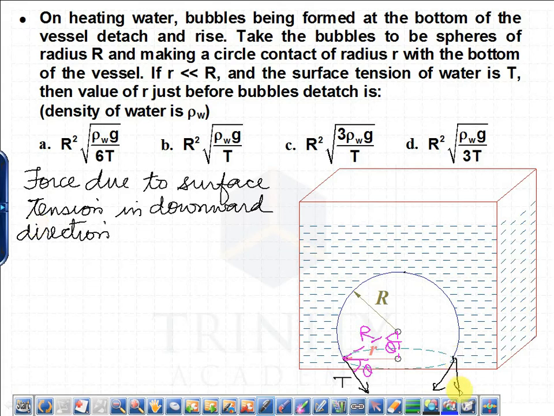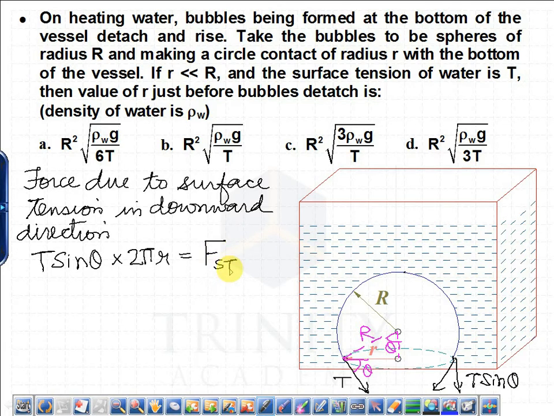This component will become T sin theta. So T sin theta acting all over the circumference, that would be 2 pi r, where r is the radius of the ring, must be equal to, let us say, Fst, the force of surface tension.